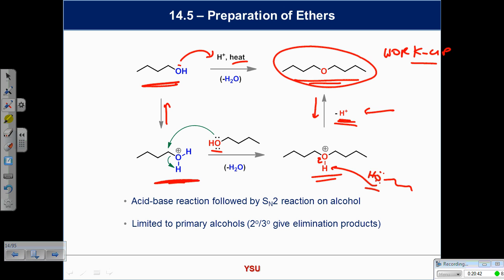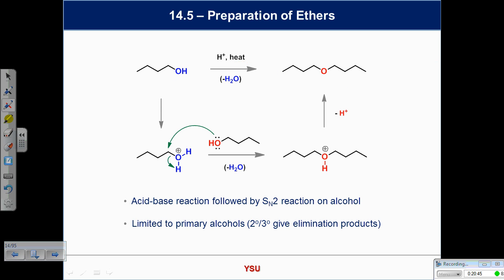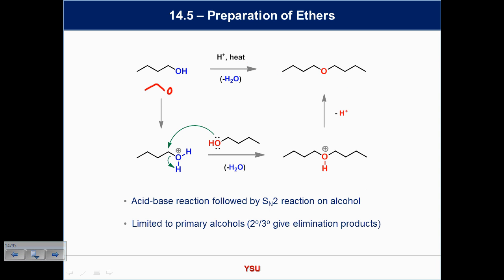There is a limitation to this experiment. Do you think I can start out with 2 different alcohols and expect to get a clean, efficient reaction? No. Because you'll get this protonated and it'll react with itself and it'll react with that, and this will protonate and react with its own kind. You'll get mixtures, and mixtures are always bad in terms of isolating stuff.